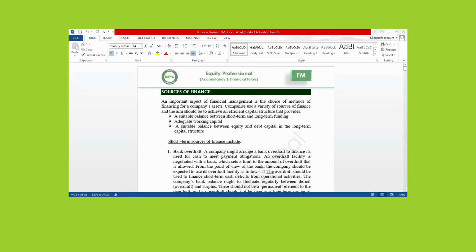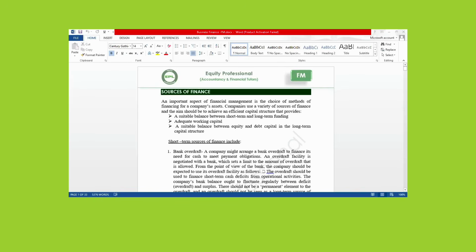If you look at the definition of financial management, we said financial management is concerned with how companies source finance, how you raise finance, how you use finance so as to meet the objective of your business organization. From that definition, you must understand the different methods of financing.